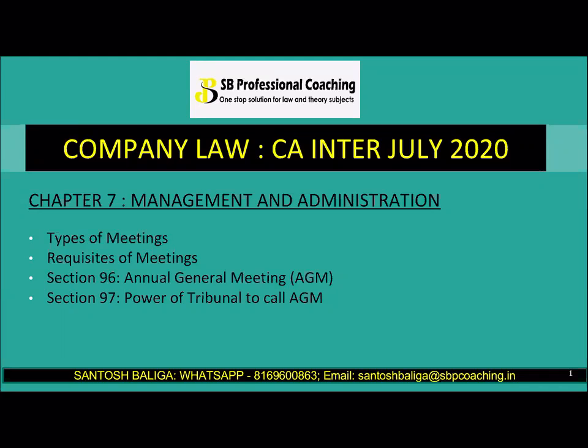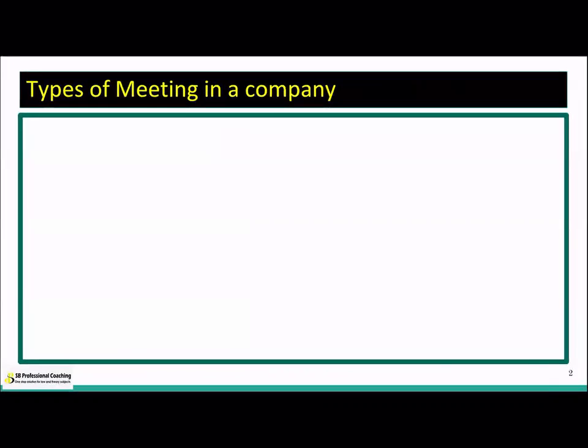Now, the first thing is that a company is an artificial person, and hence all the decisions that are taken by the company are taken by a collective body of persons. This collective body of persons can be the board of directors of the company or even the shareholders of the company, and hence for taking these decisions meetings are conducted in a particular company.